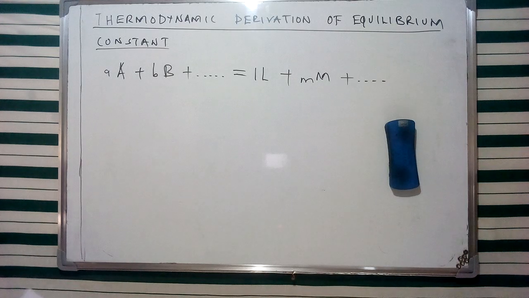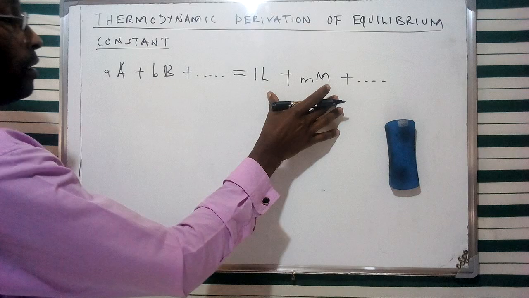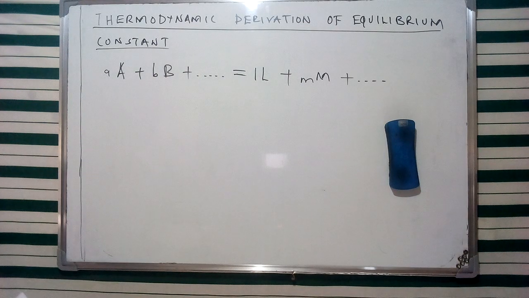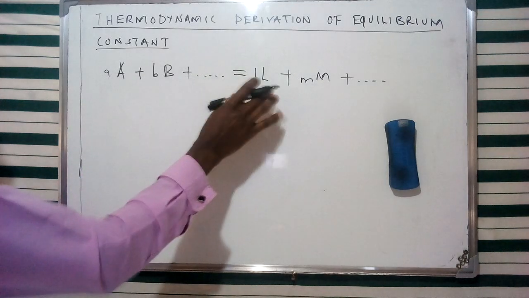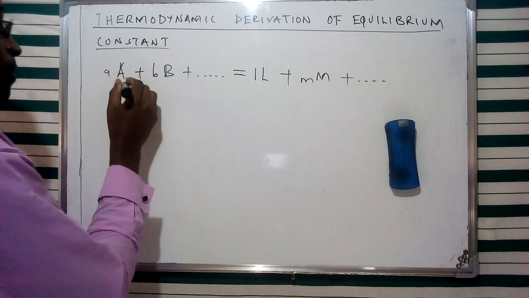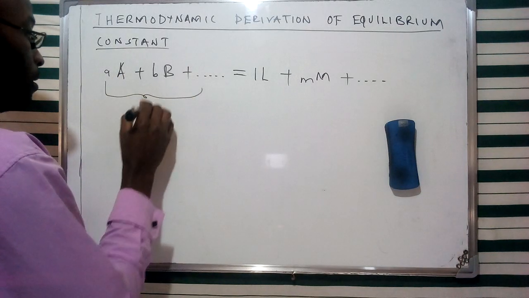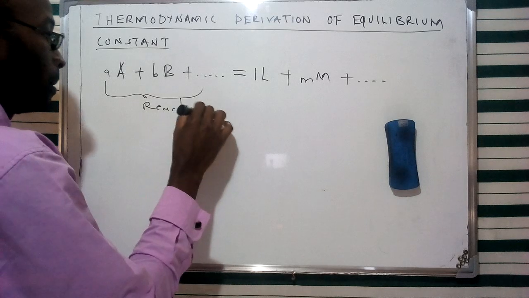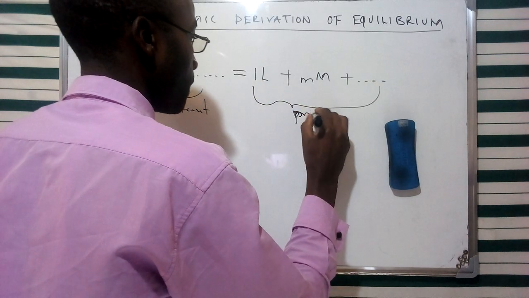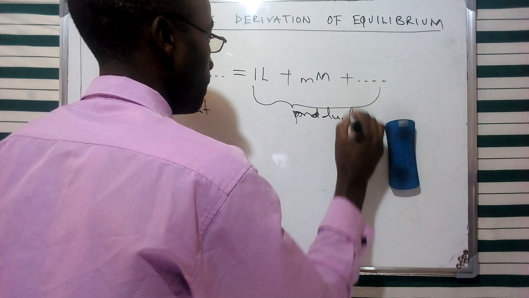So the free energy of a product is going to be given on this side, and this is going to be the free energy of a reactant. From these coefficients and the various species, this is going to be the reactant, and these are going to be our products.